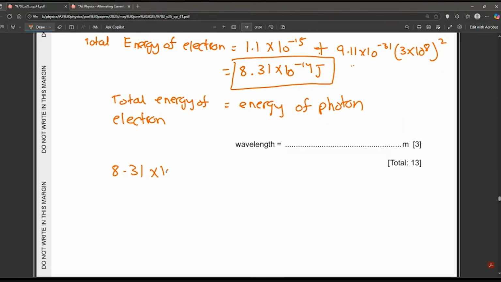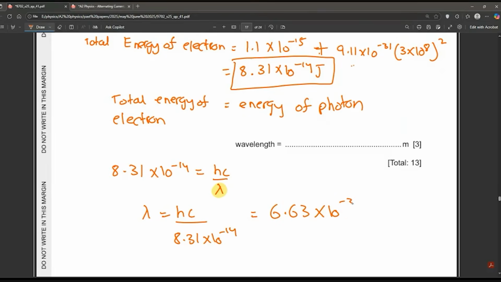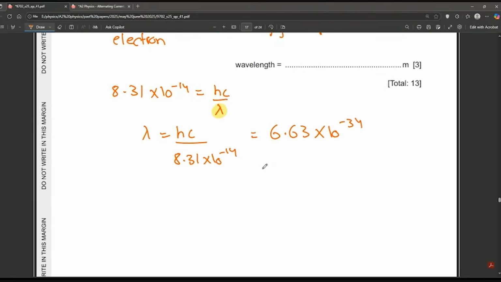8.31 10 raised to the power of minus 14 is equals to hc over lambda. You have to calculate what? You have to calculate this wavelength. How will you do that? Wavelength is equals to hc over 8.31 10 raised to the power of minus 14. What is the value of h? 6.63 10 raised to the power of minus 34, into the speed of light, 3 into 10 is the power of 8, divided by 8.31, 10 is the power of minus 14.